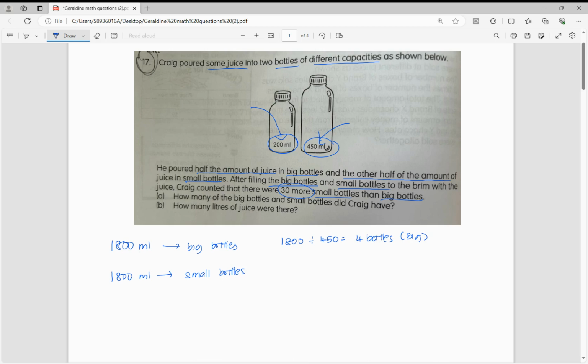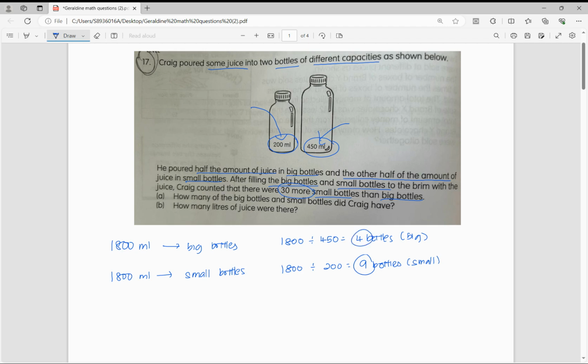And if I pour 1800 ml into the small bottles, 1800 divided by 200, I will need a total of 9 small bottles. So for sure I would need more small bottles as compared to my big bottles.